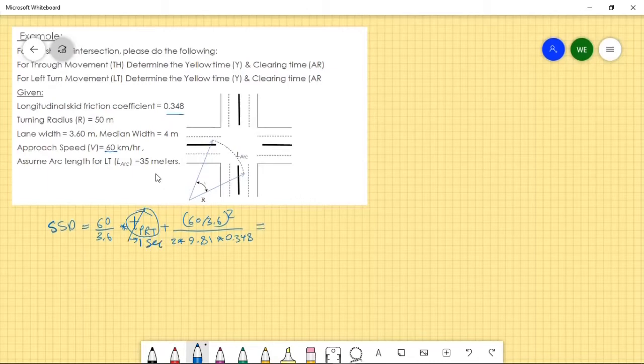According to AASHTO, according to the ITE, at signalized intersections we use a perception reaction time of 1 second. Why? Because it's expected, right? If you are driving on a highway, it's not expected to have an accident suddenly.